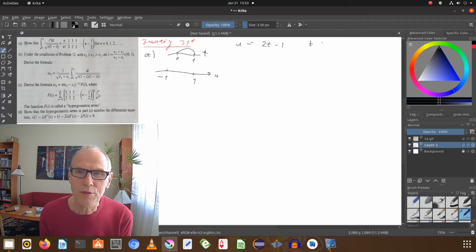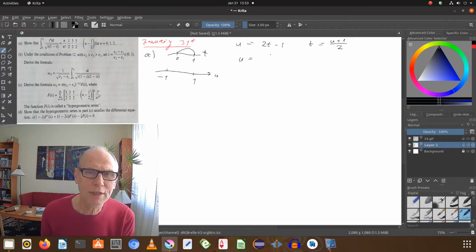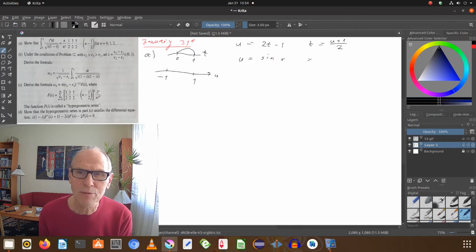So t equals (u plus 1) divided by 2. That's correct. And then set u equals sine x, and it goes from -1 to 1, where x goes from minus pi halves to pi halves.